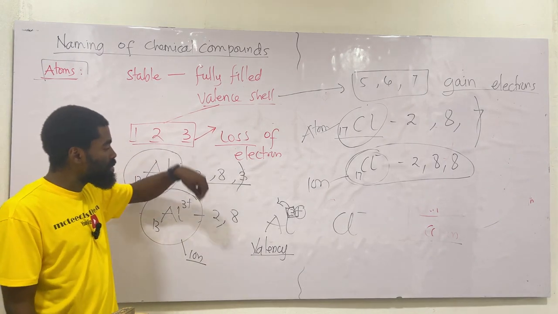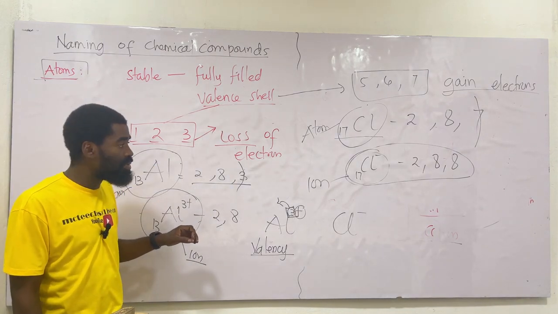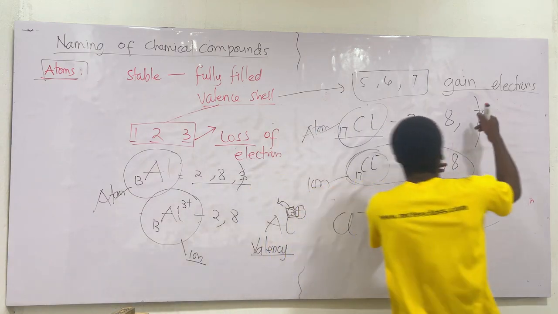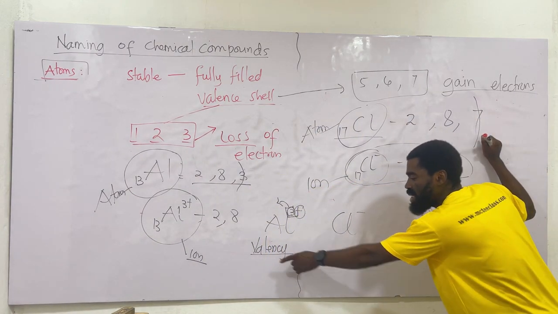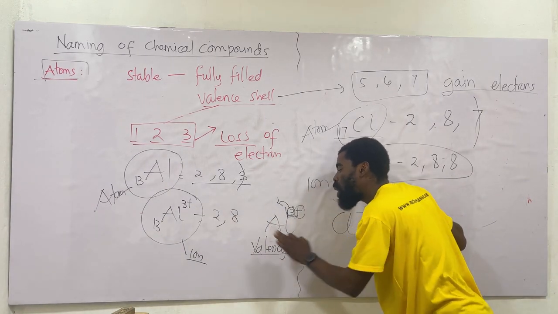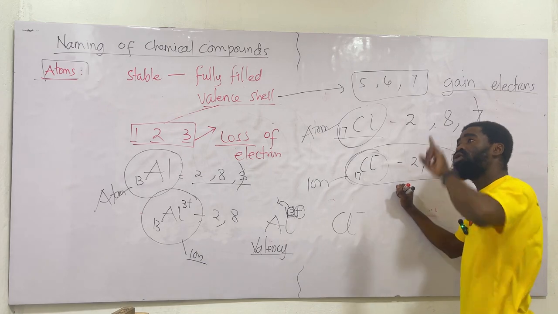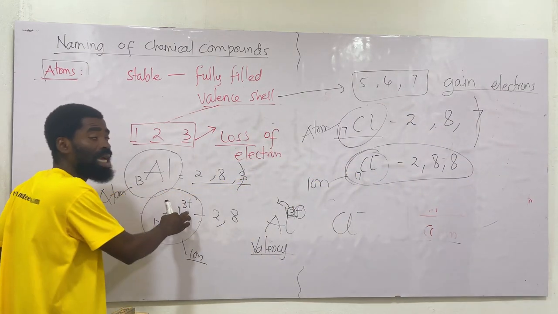From the electronic configuration, I was able to know whether this guy will give out or receive. I was able to know that this guy will now receive. Him receiving one gave me an idea of his valency. This guy giving out 3 gave me an idea of his valency. So you see the way the thing started. If you don't know all those things, and I just come and write aluminium 3+, where is the 3+ coming from?